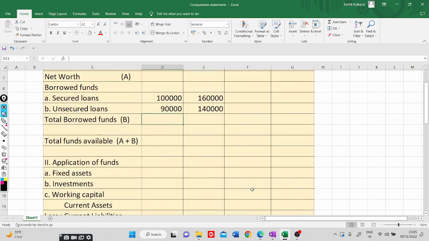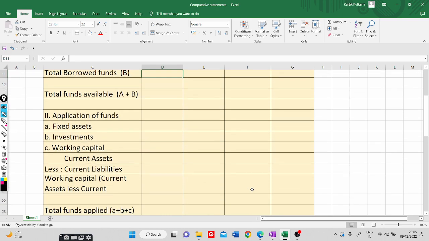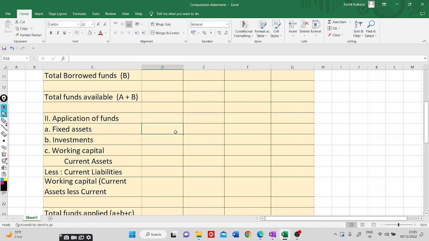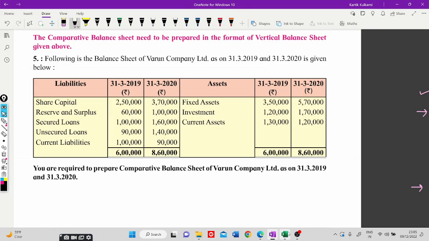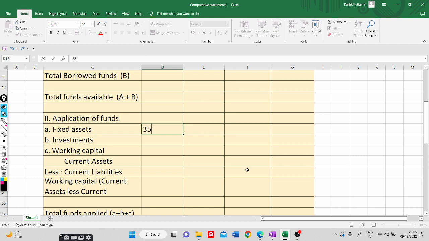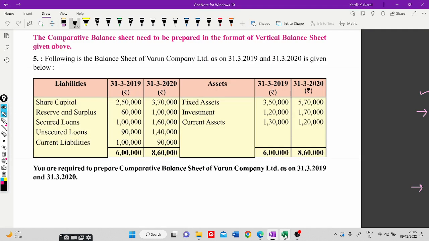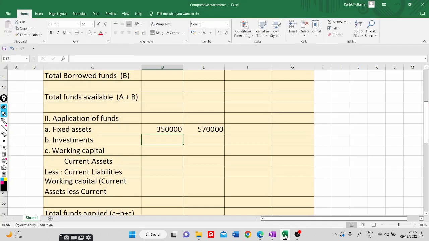Similarly, let's see about the assets. As you can see, fixed assets are 3,50,000 and 5,70,000. Investments are 1,20,000 and 1,70,000.